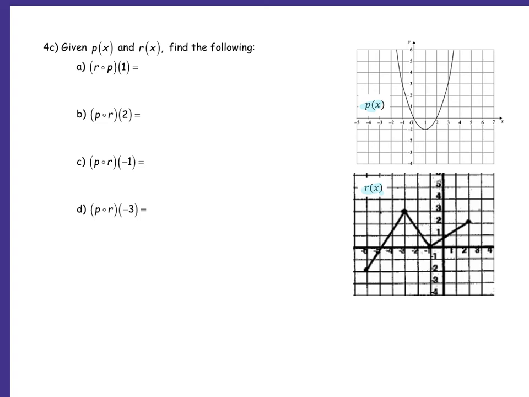Nice. R of -1. And then that's P of 0. Wow. R of -3.